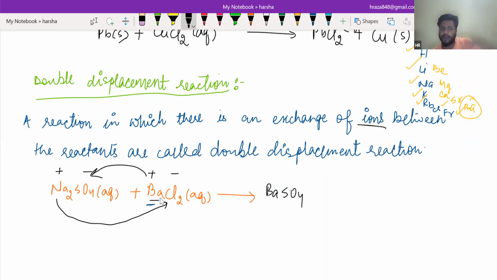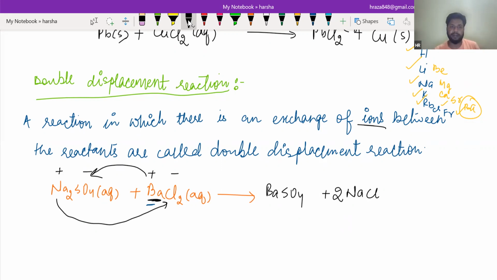BaSO4, barium combining with SO4, and Na combining with Cl forms NaCl. You can easily balance it by multiplying by 2. That type of reaction is called double displacement reaction.